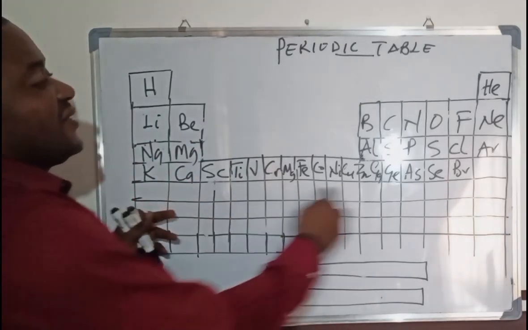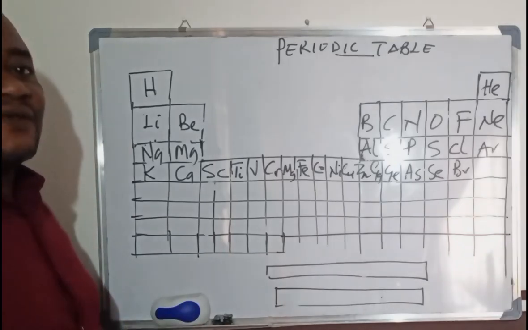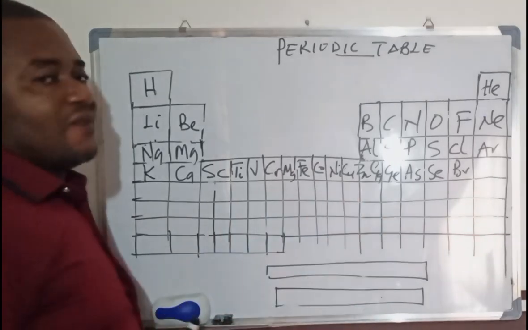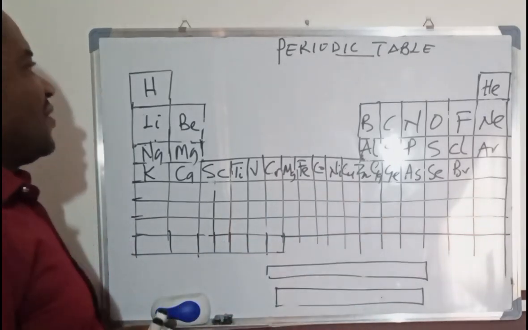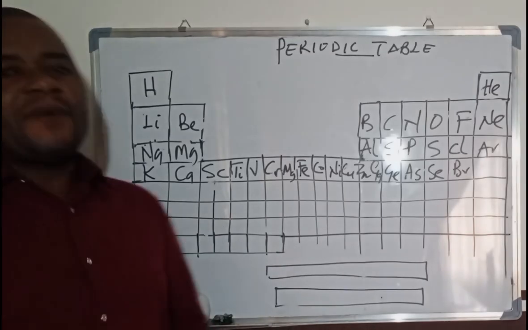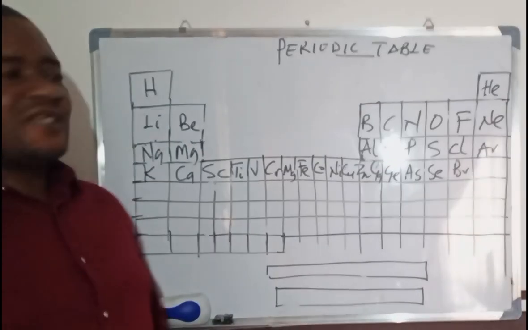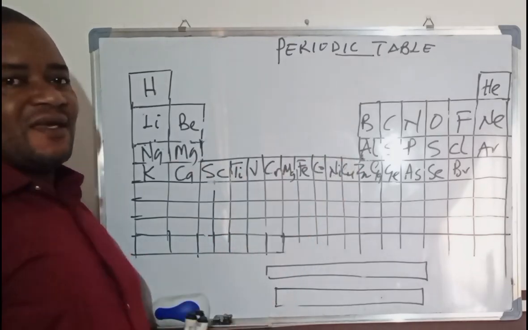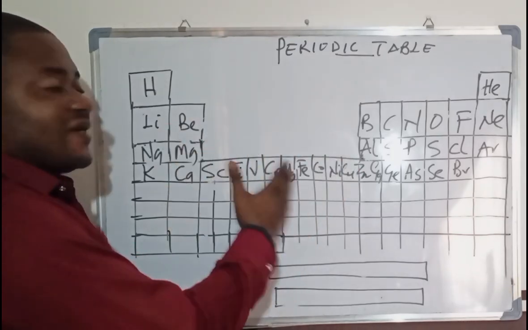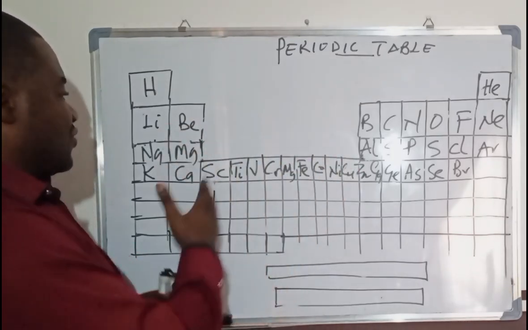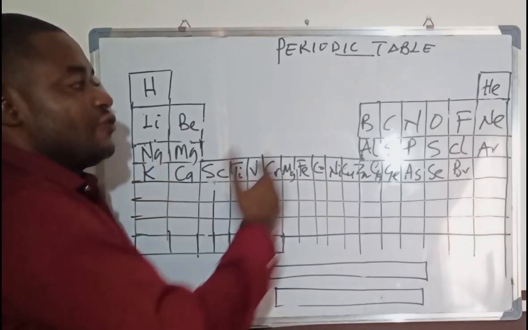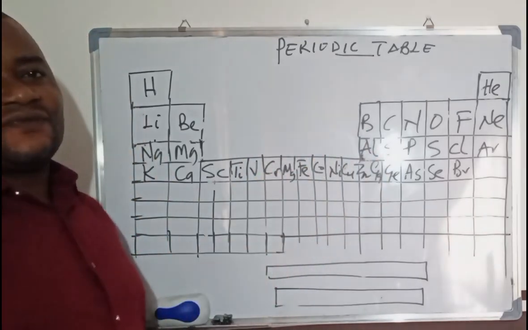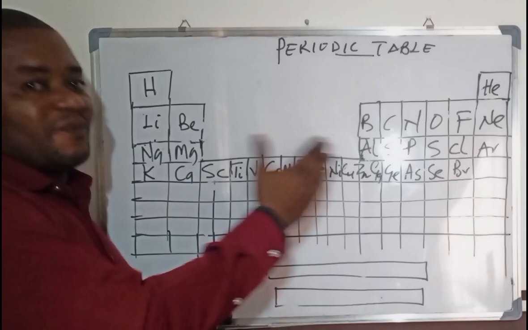We can probably fill the whole of this, but for want of time we could just stop somewhere. All right, now what is interesting about the periodic table is not just the arrangement of these elements in their increasing atomic numbers as we move from the left to the right across the period.